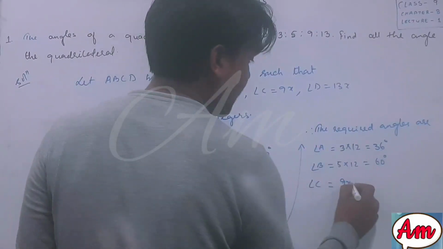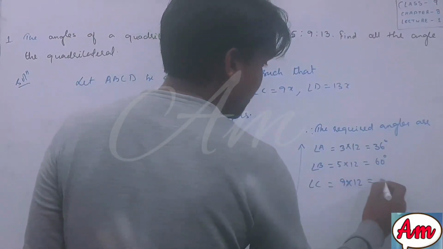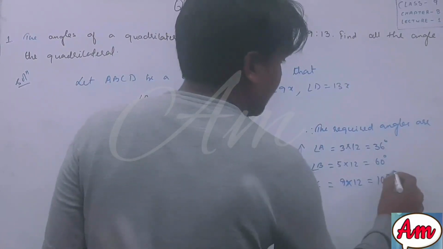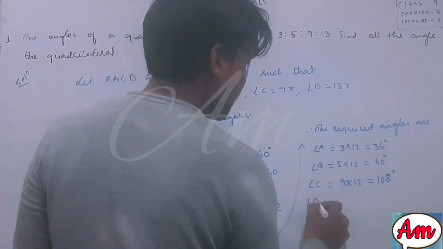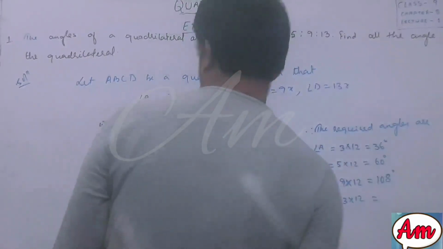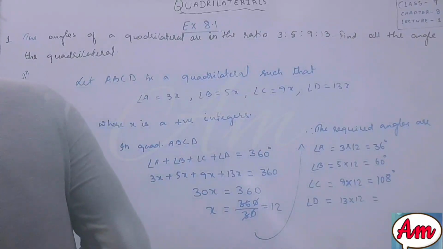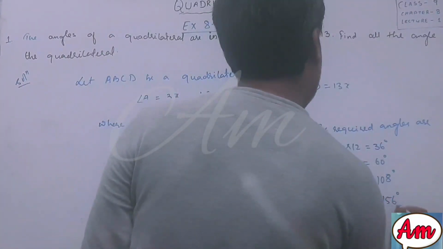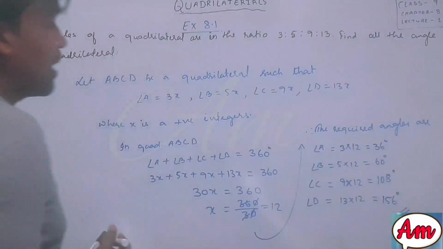So 9 into x is 12, so it will be 108 degrees, and angle D is equals to 13 into 12, which is equals to how much it will be coming out? 13 into 12, it will be coming out 156 degrees. So this is your required answer.